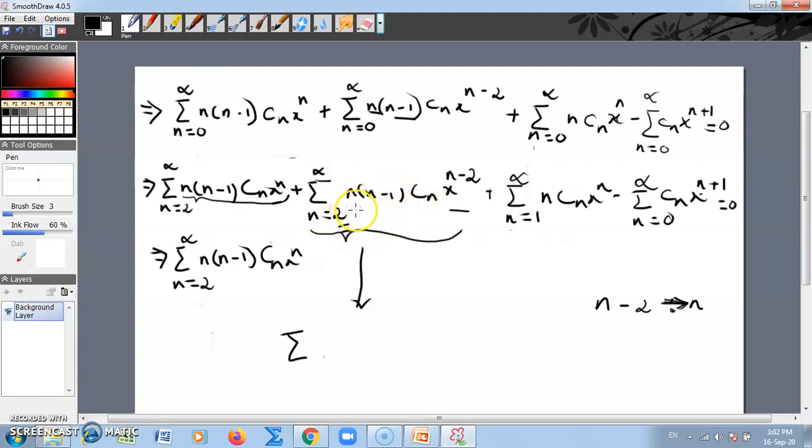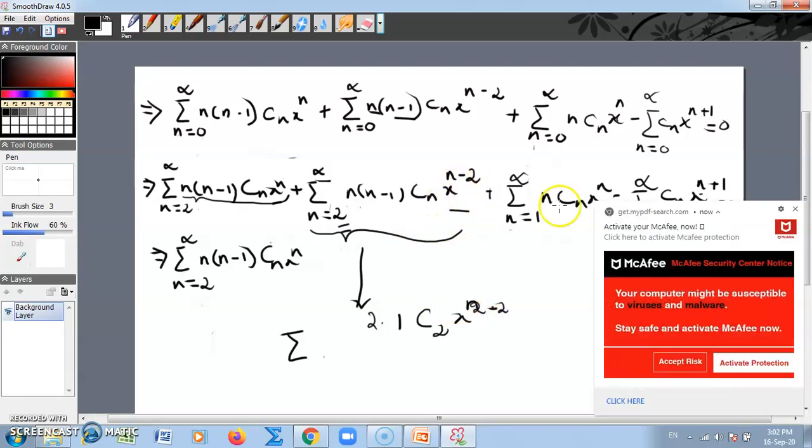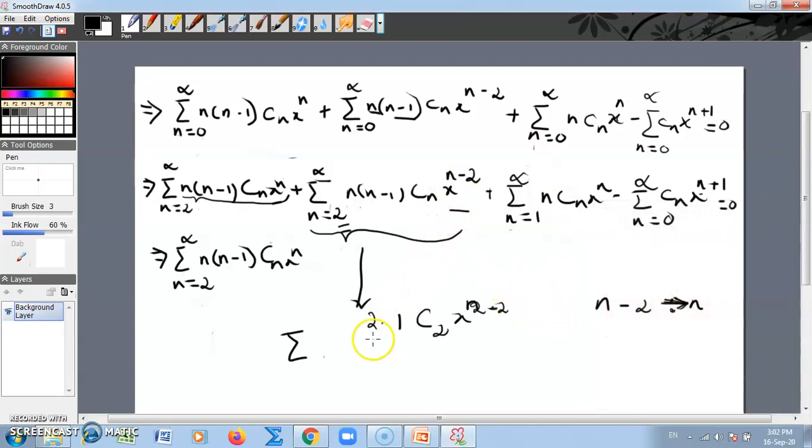When I put n equal to 2, this becomes 2 into 1 into C2 into x to the power n minus 2, that means 2 minus 2, which is x to the power 0. Now, if I want this to be x to the power n, then obviously the first term will have to start from n equal to 0.